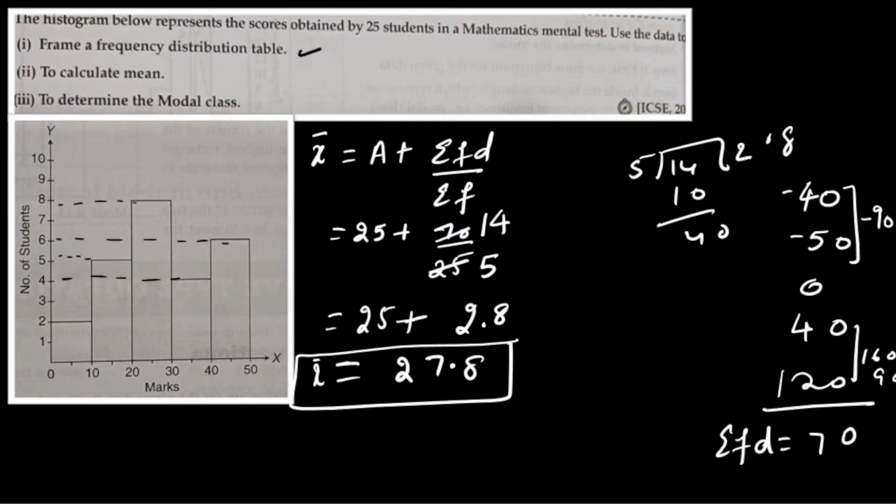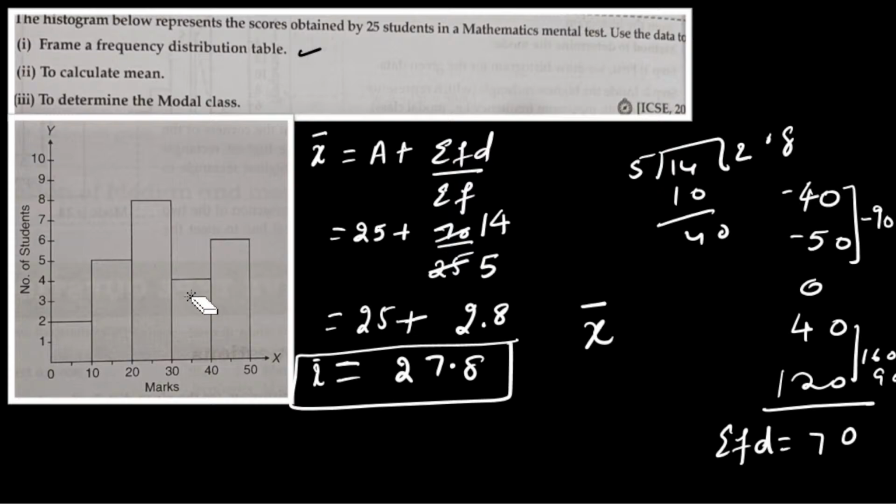Mean symbol is not M, it is x bar. Mean is 27.8. Whoever is telling mean is 27, that's not correct. It is 27.8.